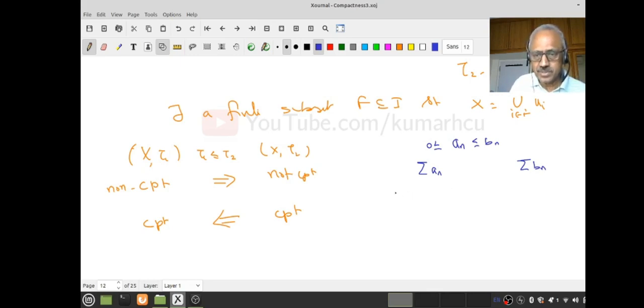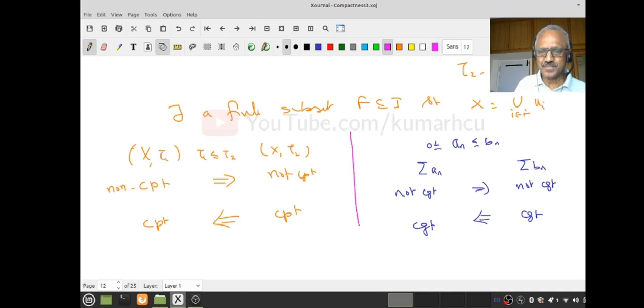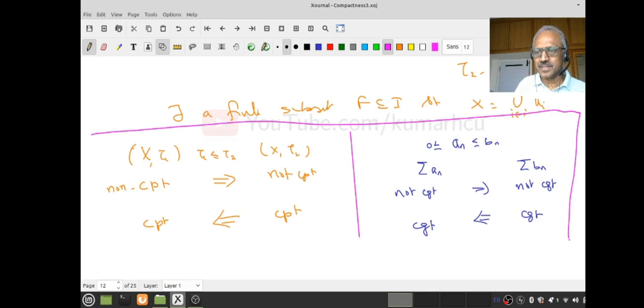It says if the series of a_n is not convergent, then the series of b_n is not convergent. And on the other hand, if I know the series of b_n is convergent, then the series of a_n is convergent. Do you see the analogy? I hope you appreciate this. See, mathematics is fun if you try to understand results which are analogous. Okay?